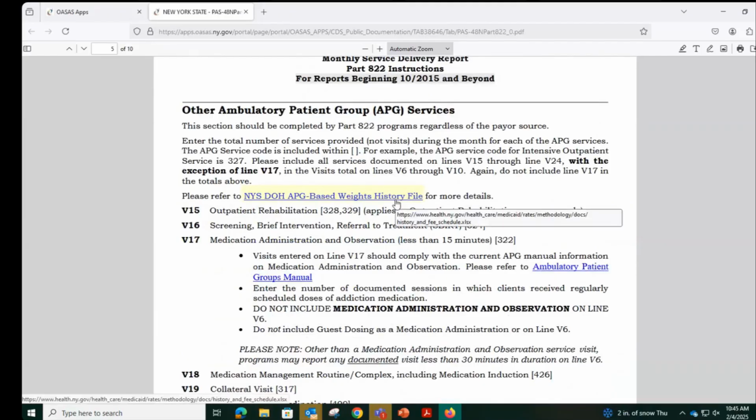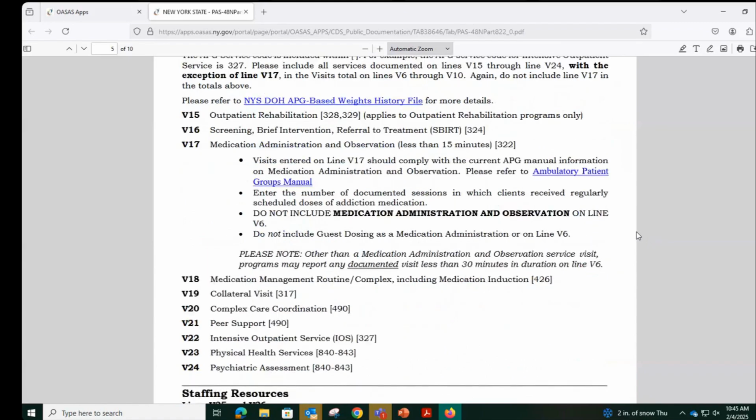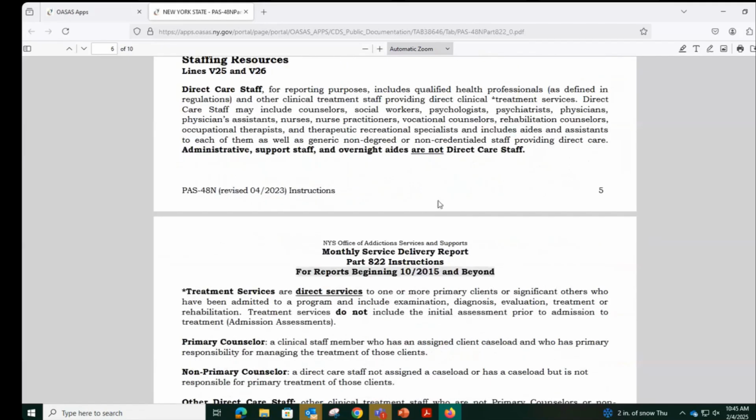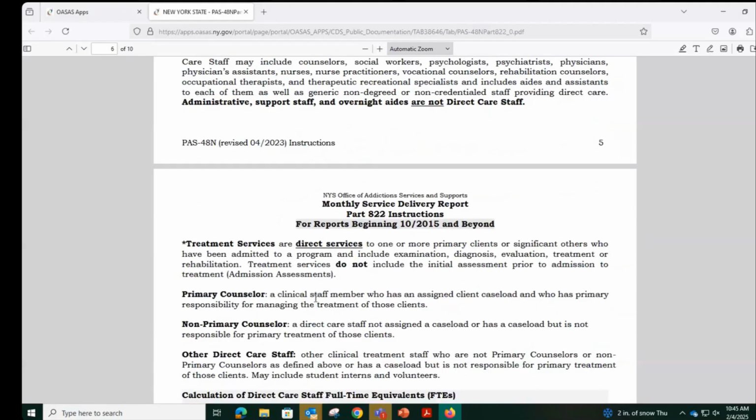We have some links out to files that will help crosswalk these numbers to the services that we're looking for to be reported. And down here is the definition of direct care staff. We define treatment services, a primary counselor being someone who is assigned a caseload, if you're looking for that sort of difference between primary and non-primary counselor.